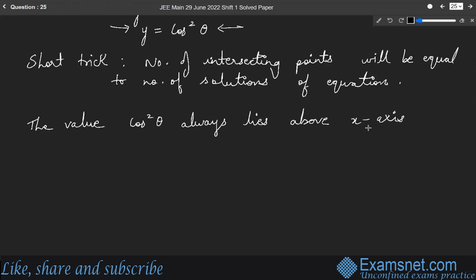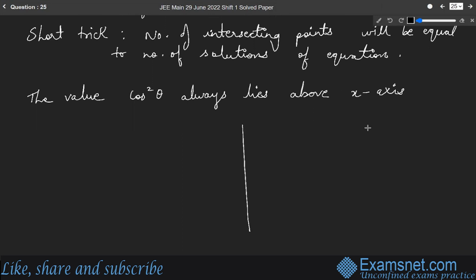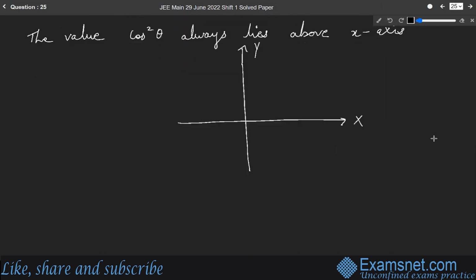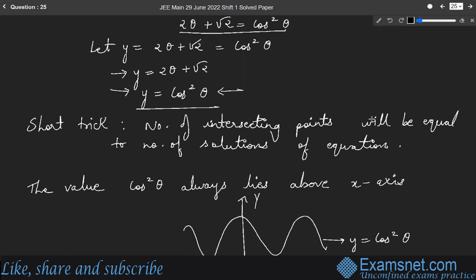All right, so let us make the coordinate axes first. This is the x-axis and this is the y-axis. We know that y is equal to cos square theta. This value will always be above the x-axis. So let us make the curve for y is equal to cos square theta. Consider this as the curve for y is equal to cos square theta.